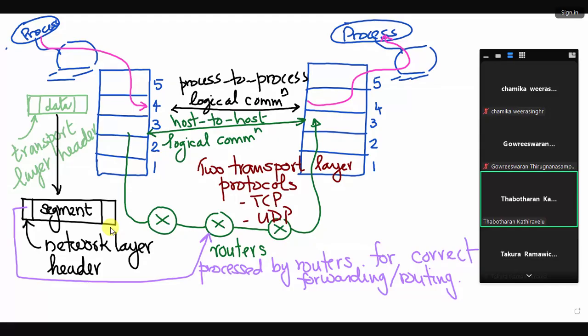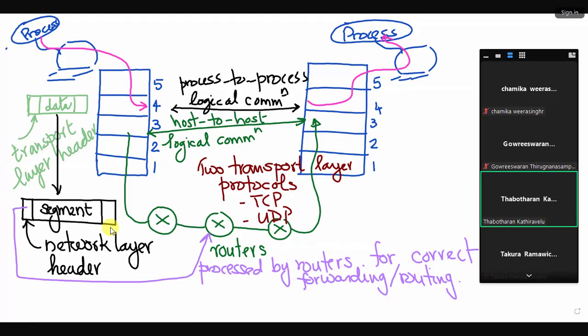A number of processes may be running, and these two protocols provide two different kinds of logical communication between these two hosts. And we also saw an example of how these protocols could work. One could be a very reliable protocol. One could be a very careless protocol, like a best effort protocol, and how data could be lost. All these things we have seen in our last class.